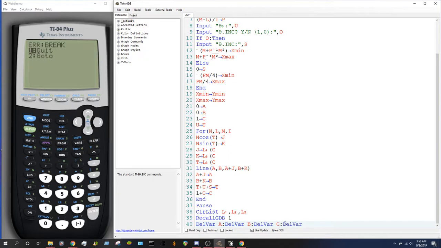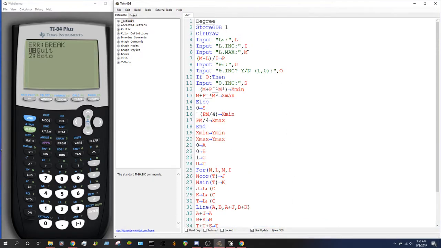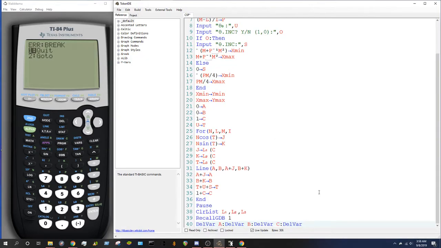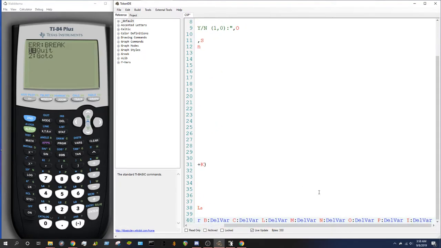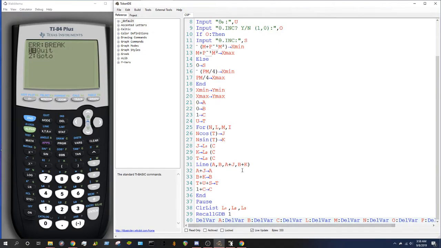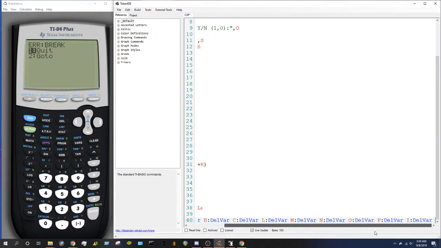C, L, I, so L, M, N, O, P. I probably have some more too. K, J, and T, I think, and U. K, J, T, and U. J, T, U.